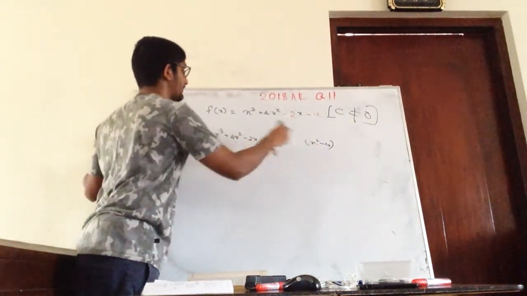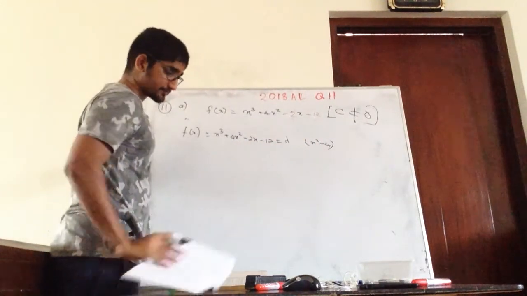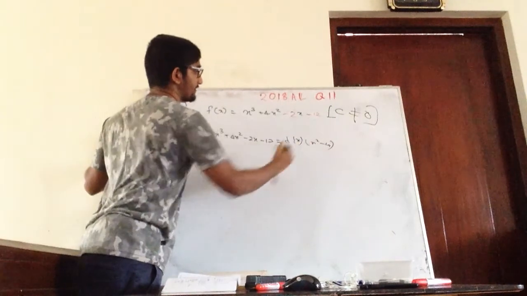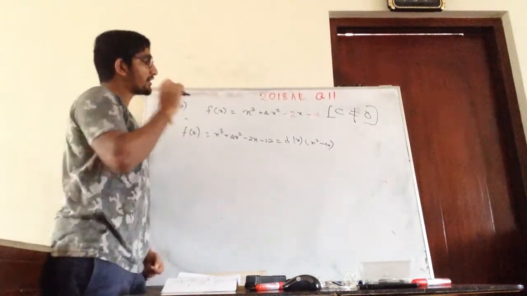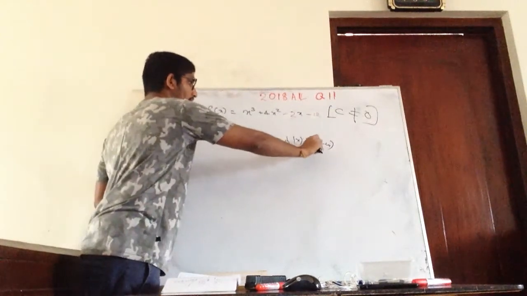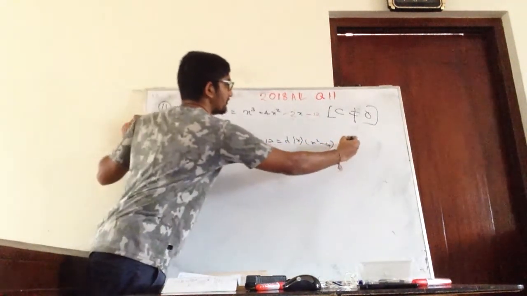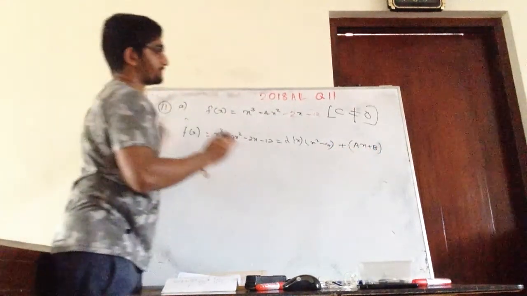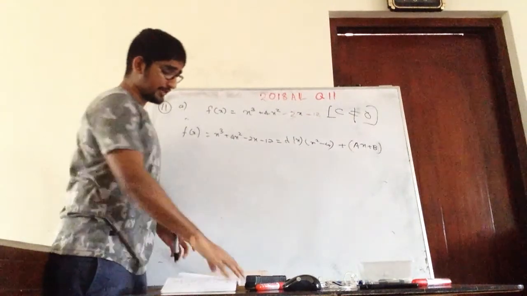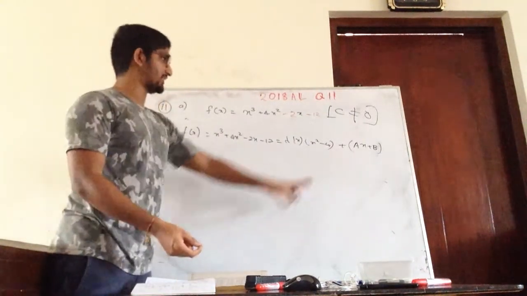If you divide that, you will get something like lambda x, and then what's the remainder? The remainder will be 1 power less than this. That means the remainder will be ax plus b. They are asking what is the remainder, so we just need to find a and b.